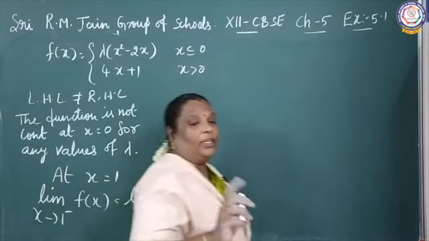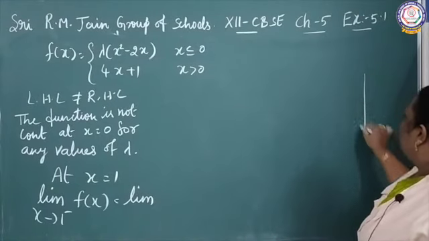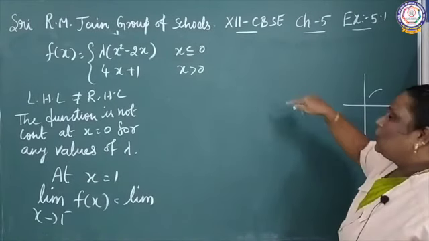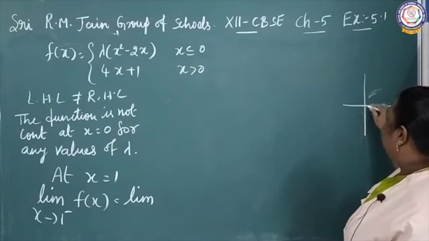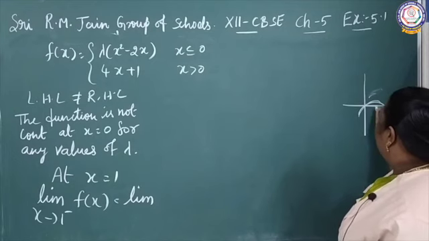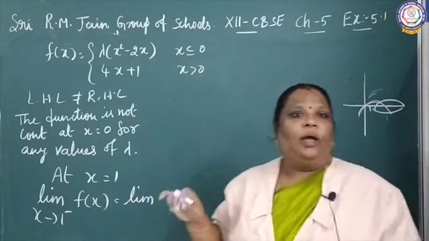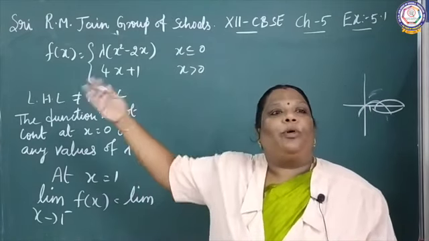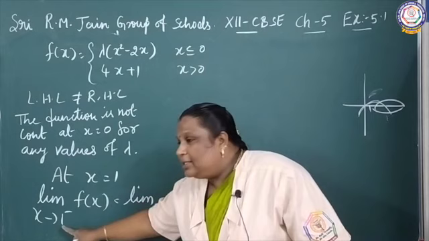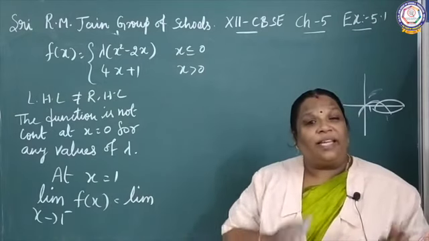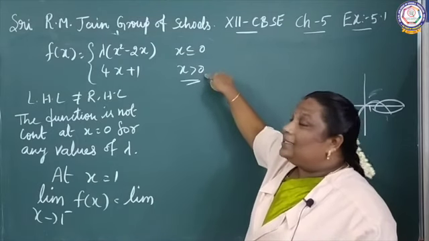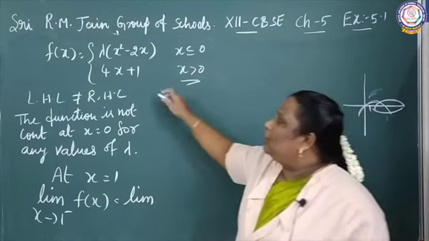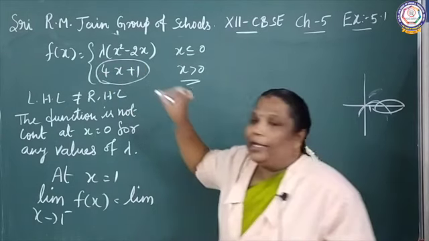See here, the curve x square minus 2x opens upward. For x greater than 0, you can take all the positive values. Limit x tends to 1 minus means x greater than 0. It is not x greater than 1, it is x greater than 0. So you can take this value 4x plus 1.